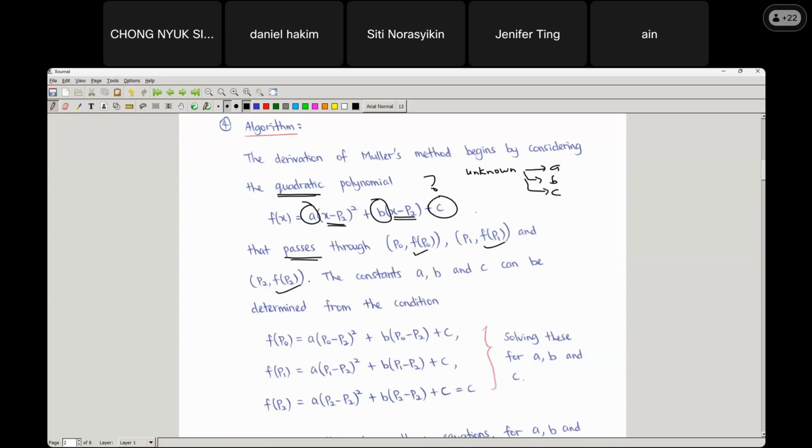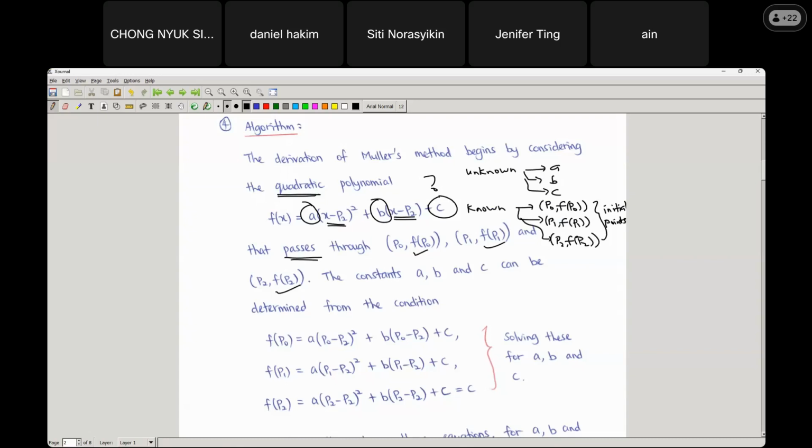So what we know is we have three points. We have p0, f(p0). We have p1, f(p1). And we have the third point, p2, f(p2). These three are our initial points.